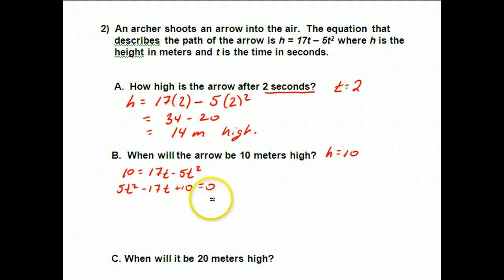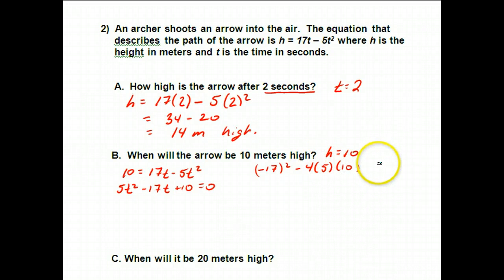I'm going to solve this one by using the quadratic formula. Sometimes it's nice to just find the discriminant, the part under the root sign for the quadratic formula, first. So b squared is minus 17 squared, minus 4 times a, which is 5, times c, which is 10.